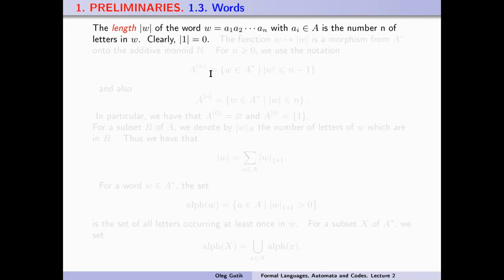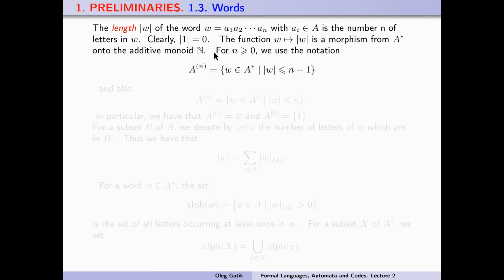It is supposed that the empty word, the natural element of the free monoid, has length equal to 0, and the function that assigns to every word its length is a morphism from A star into the additive monoid of non-negative integers.